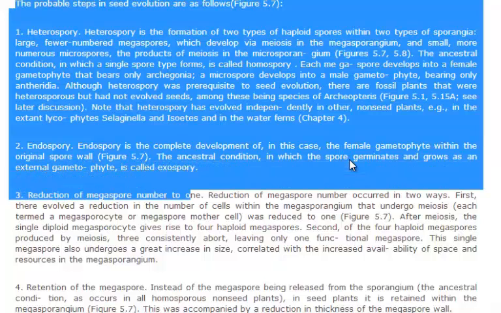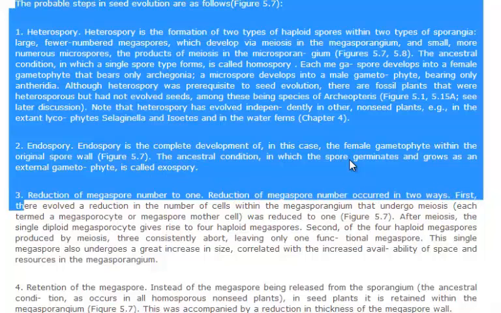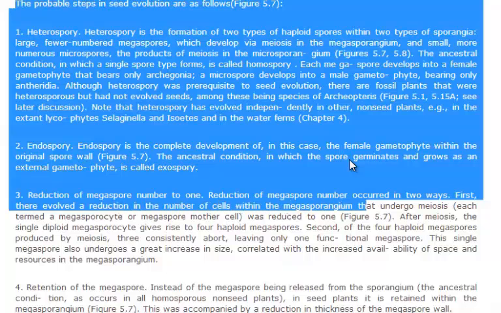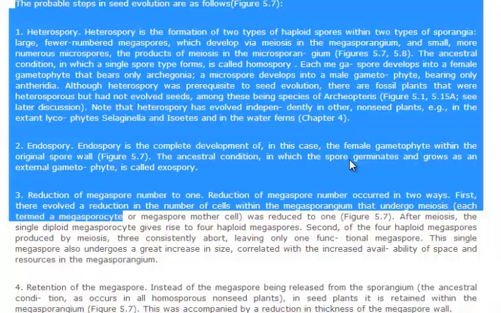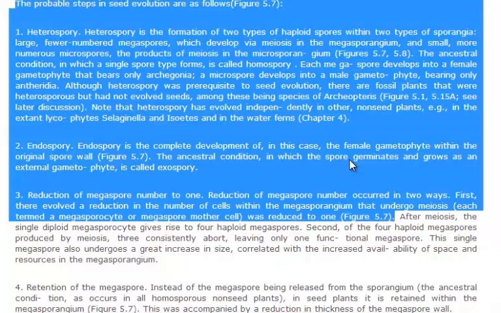Number 3, reduction of megaspore number to 1. Reduction of megaspore number occurred in two ways. First, there evolved a reduction of the number of cells within the megasporangium that undergo meiosis, each termed a megasporocyte or megaspore mother cell, to 1, figure 5.7.